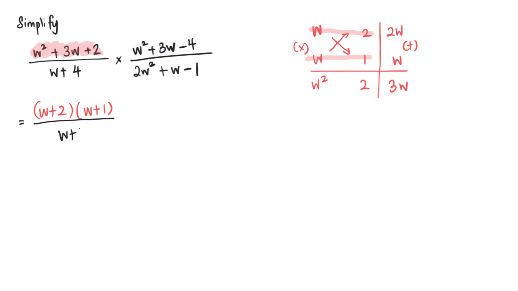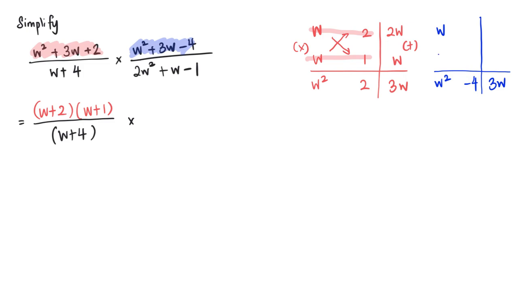W plus 4, this one we cannot factorize, so I leave it as it is. I continue to use my cross chart to factorize this. So again, you will see me writing this down. W squared negative 4, and I will need to get a 3w.